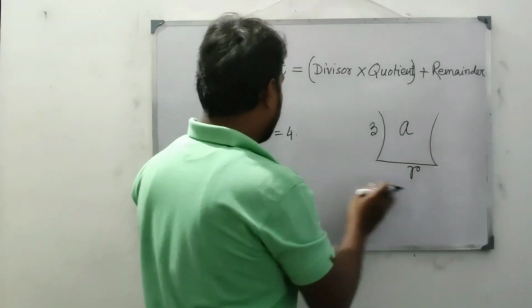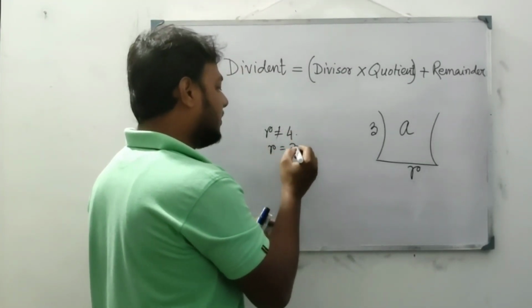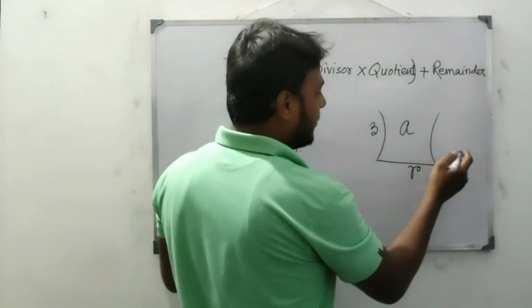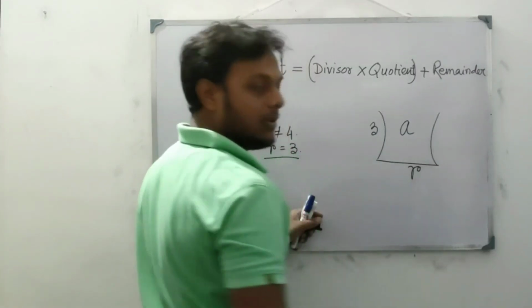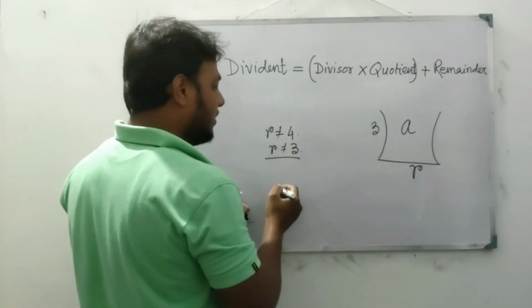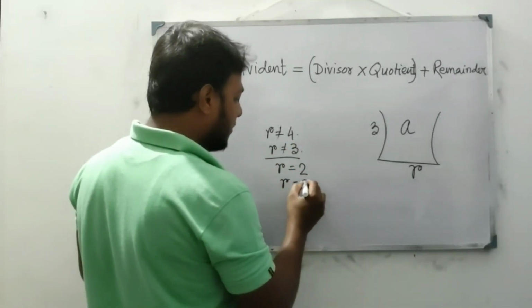Clear? So r can't be 4. R equals 3. Is there any possibility that the remainder will be 3? No. Why? If r equals 3, then we can divide one more time. 3 ones are 3 and the remainder will come 0. Is it clear? So r is not equal to 3 also. R equals 2, the chance is there. R equals 1, the chance is there.